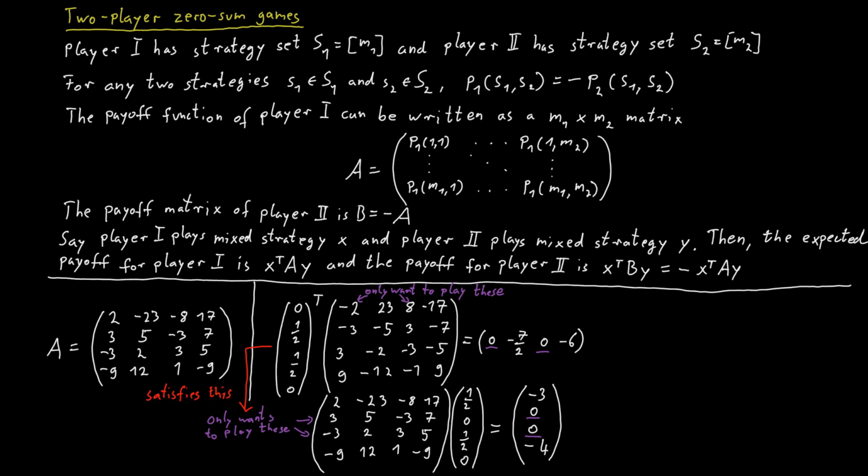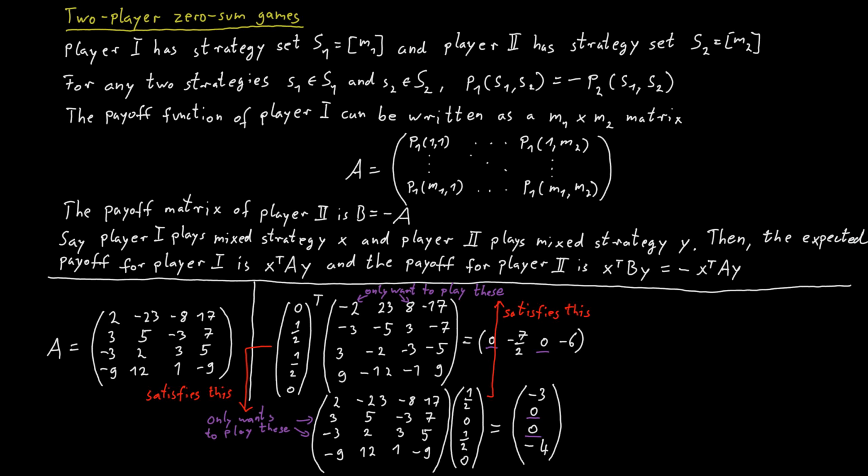And now if we check, it's also the other way around. So 1/2, 0, 1/2, 0 puts 0 probability on the second and the fourth column of the matrix. And that's exactly what we would want to do if the first player plays 0, 1/2, 1/2, 0.